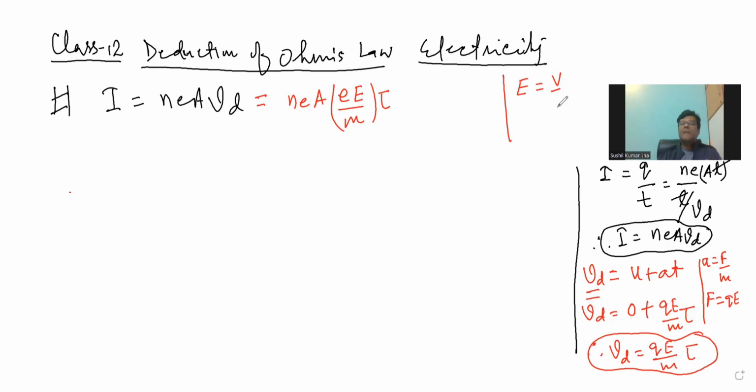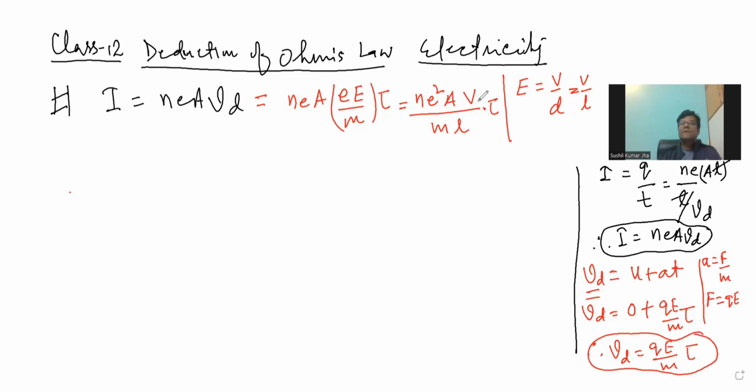So if we convert E into V by L, then it becomes ne square A, now V divided by mL, and this tau remains as it is.